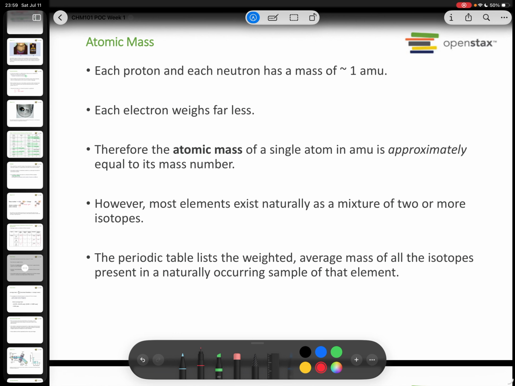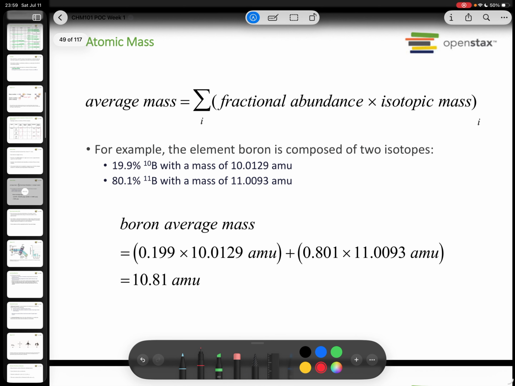So yung nakalista sa periodic table is weighted average ng isotopes ng element na yun. Okay? So the average atomic mass is calculated by summing the products of fractional abundance and isotopic mass for all isotopes.